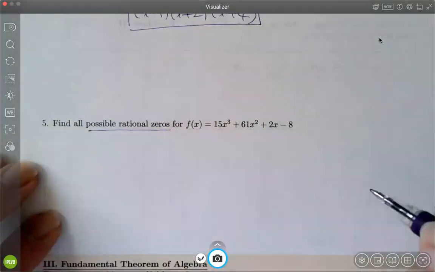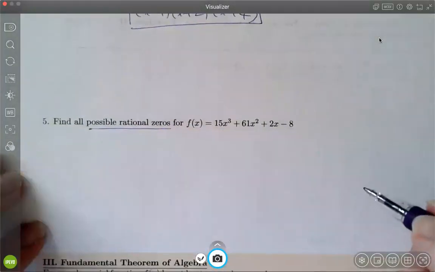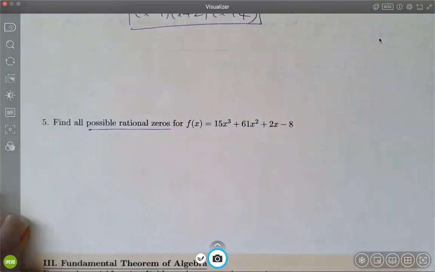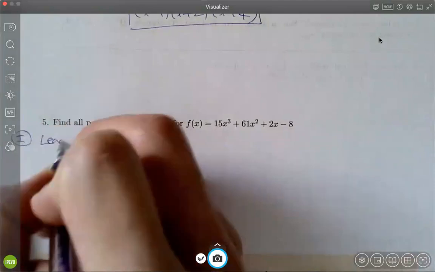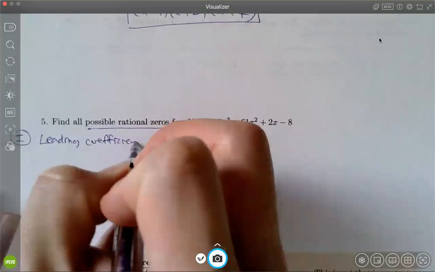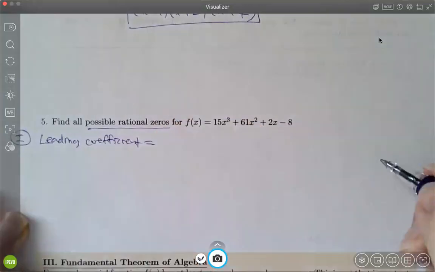The leading coefficient and the number term, right? Here, what is the leading coefficient? Remember, to find the leading coefficient, you first have to find the largest exponent, which is 3, and whose coefficient is 15, right?